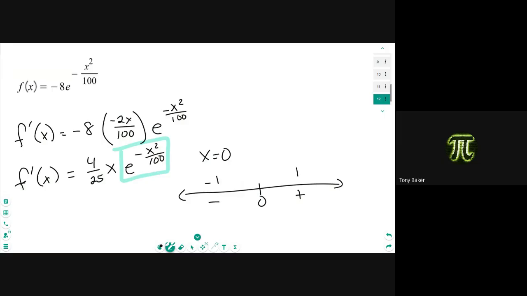All right. So next thing I got to do is what? Find my second derivative.